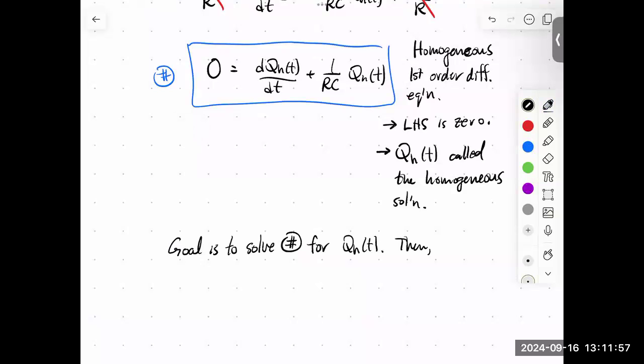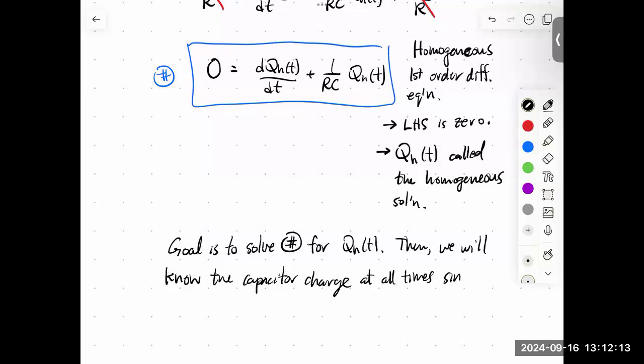Then we will know the capacitor charge at all times, since Q, which we really want, is just this QH plus CV naught.